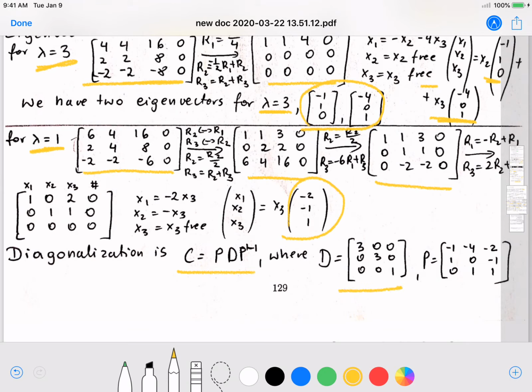D is the diagonal matrix with the eigenvalues on the main diagonal. And then the corresponding eigenvectors are those ones that we found. Just pay attention, if you first put 3, then you need to have the eigenvectors corresponding to 3, and then this one corresponding to 1.